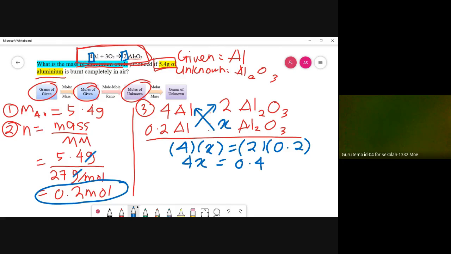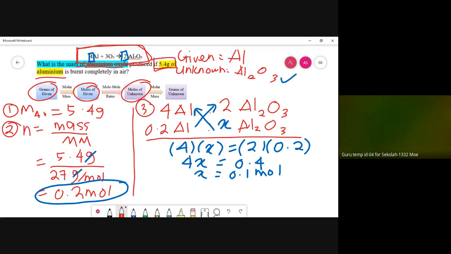0.4. Okay. And then X will be 0.1 mole. Now, kita dah ada the mole for Al2O3. Boleh tak kita cari mass for Al2O3?